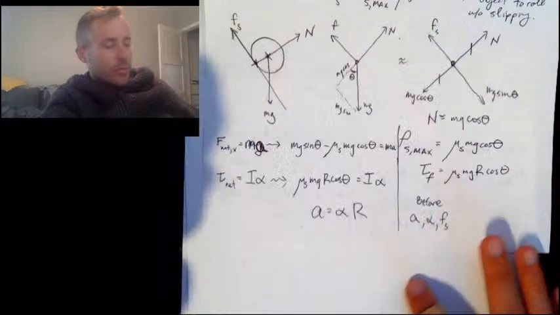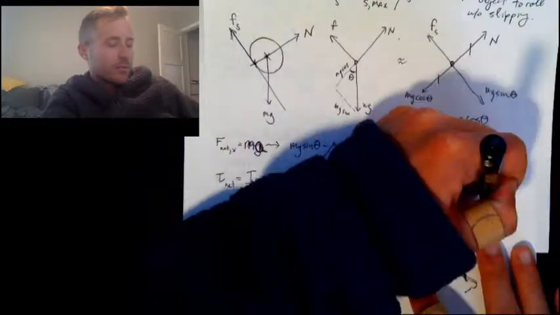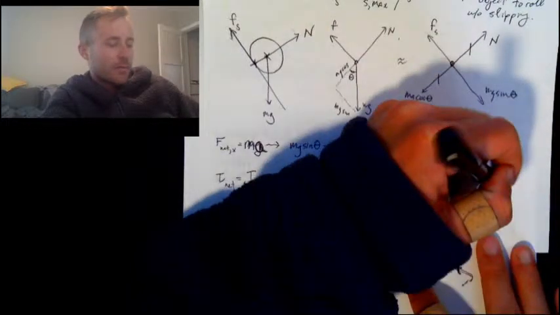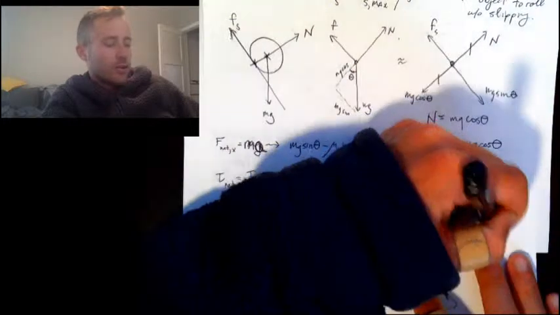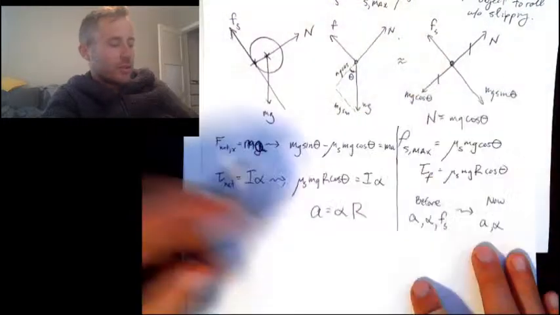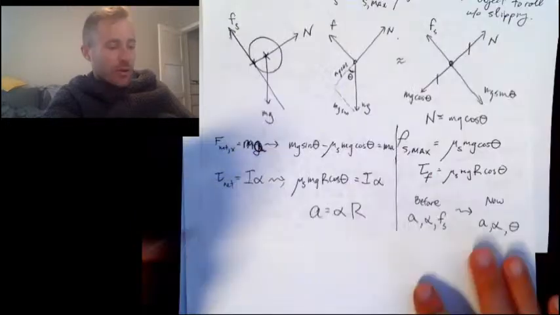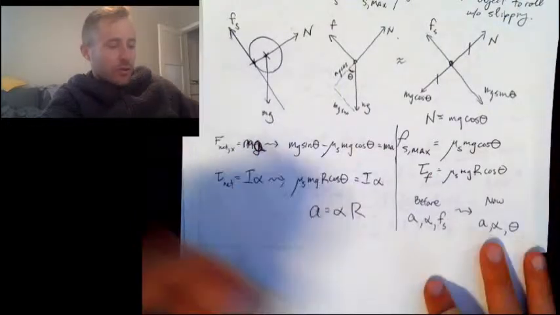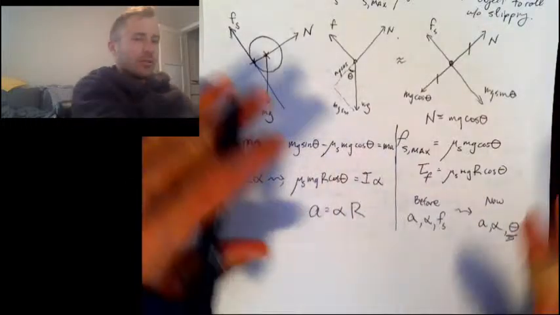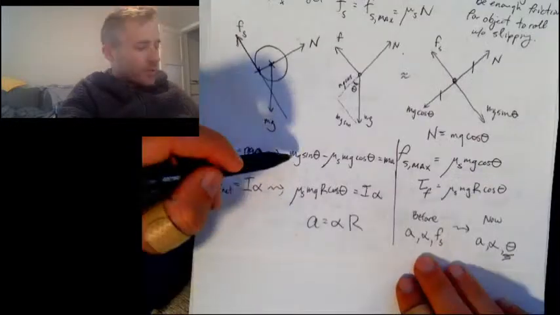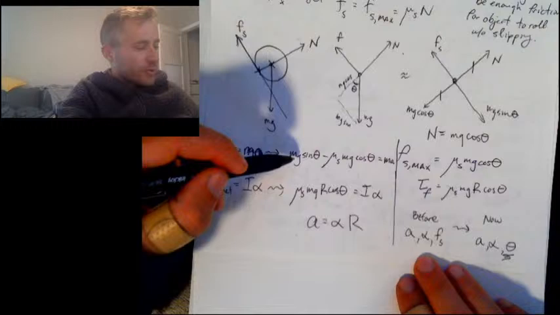But now our unknowns are linear acceleration, angular acceleration, and the angle of the incline. Okay? So we're going to try to solve for the angle of the incline. So let me rewrite the equations on the next page. By the way, you can see that mass is in all three terms here, so mass will cancel out.